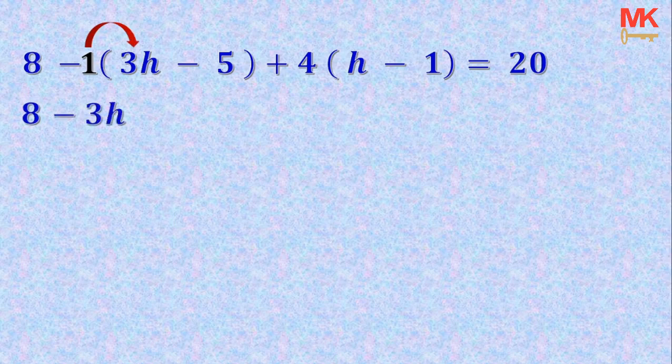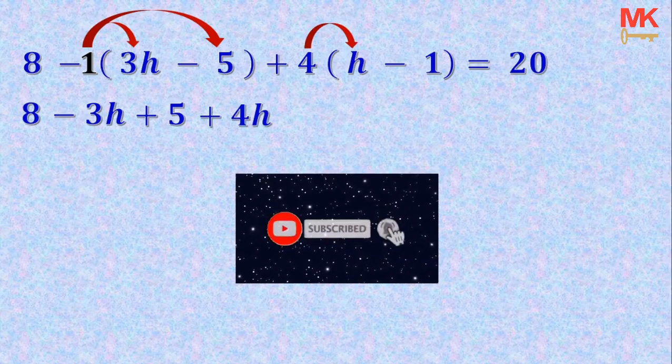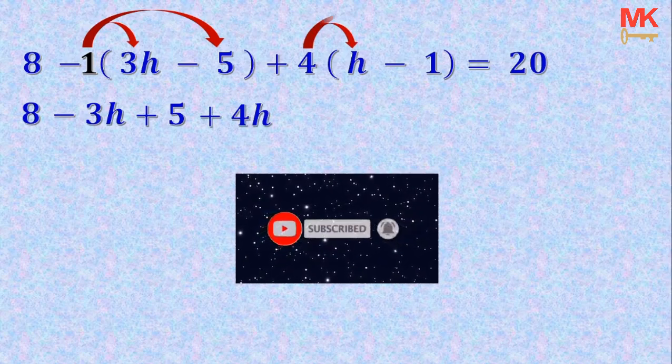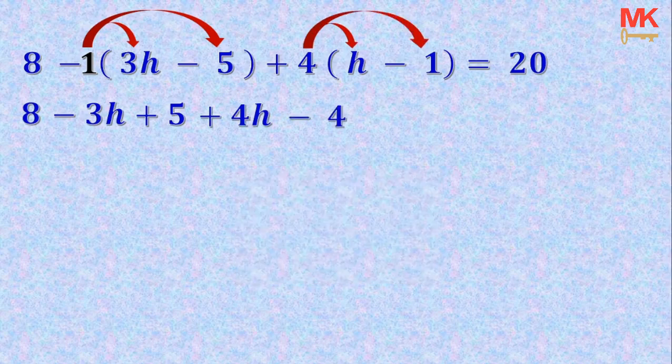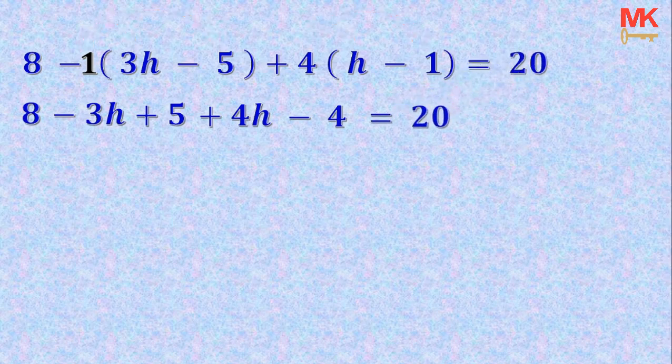Negative 1 also multiplies the negative 5, which gives us positive 5. In the same way, the positive 4 multiplies the h we have, and that gives us positive 4h. The same positive 4 multiplies the negative 1, which gives us negative 4. And at the right-hand side, we just keep our 20. All right? Now, looking at all these terms in this equation, you see that there are like terms.